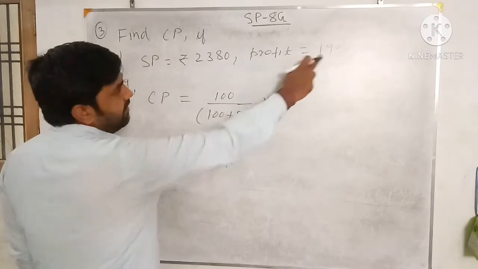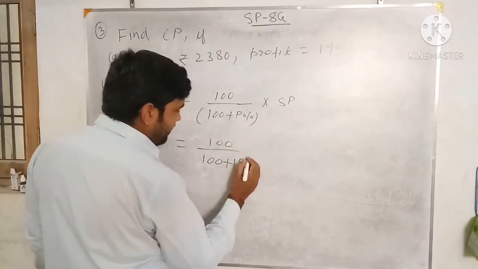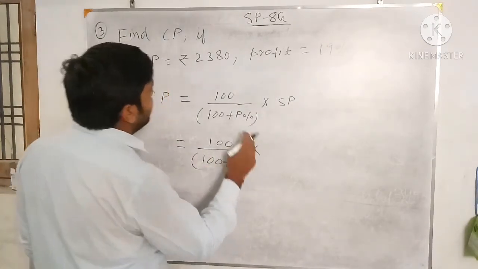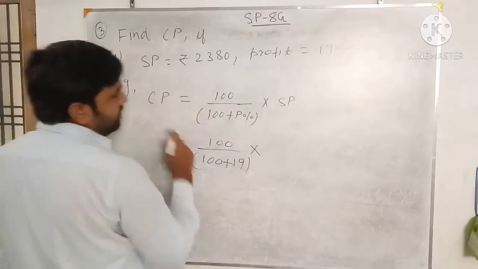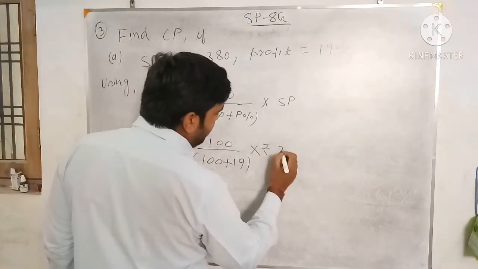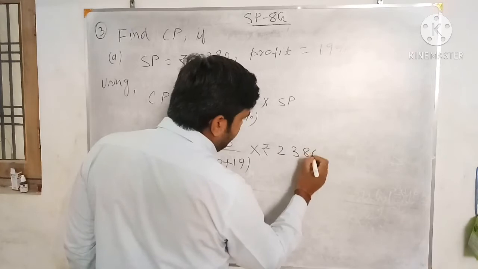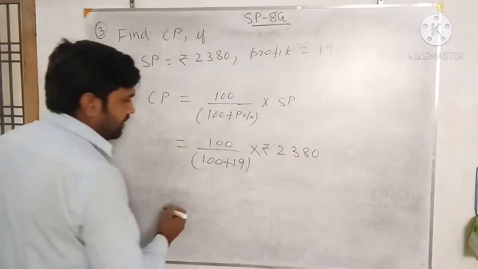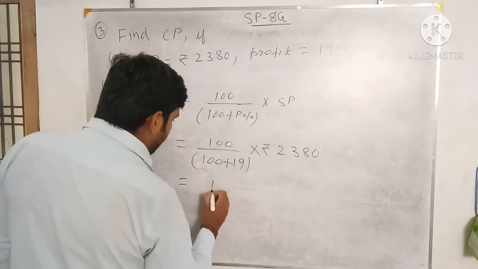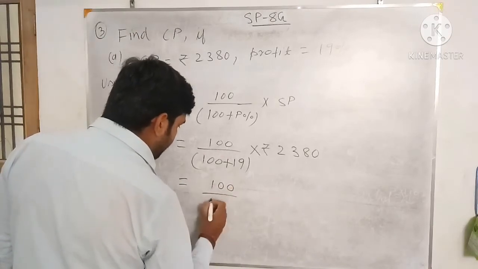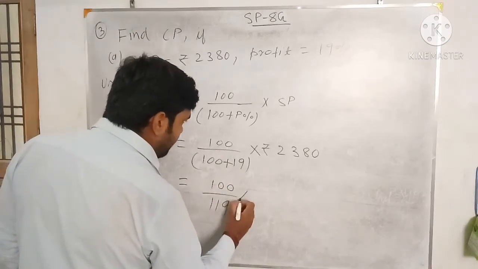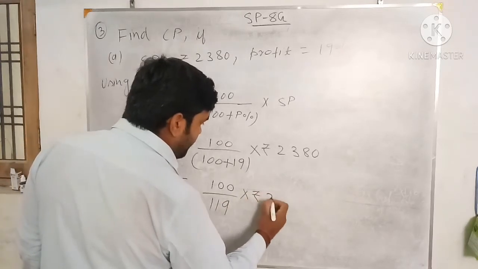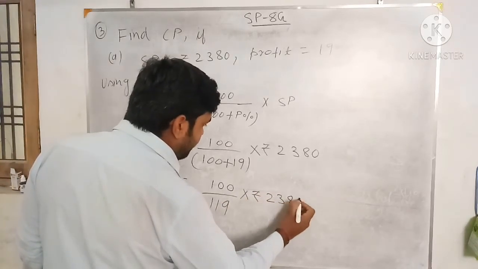What profit percent is given? 19, so write 19 here. The selling price is rupees 2380, put that here. Now we solve: 100 upon 119 multiplied by rupees 2380.